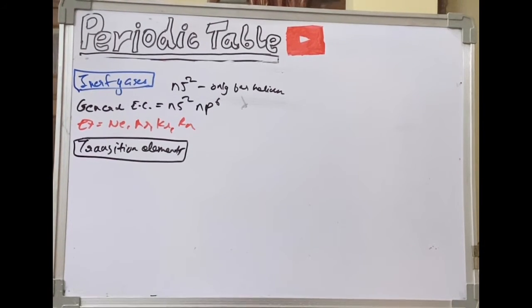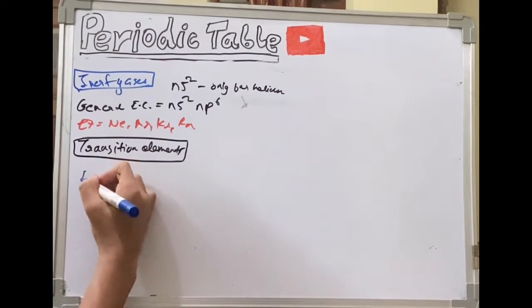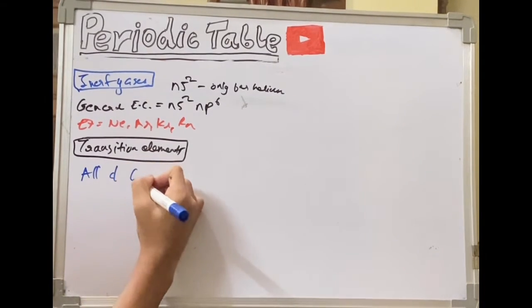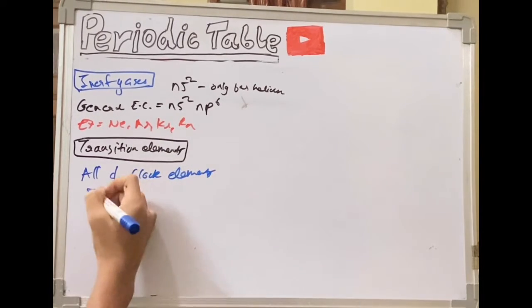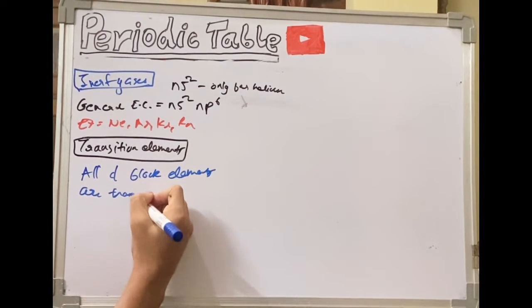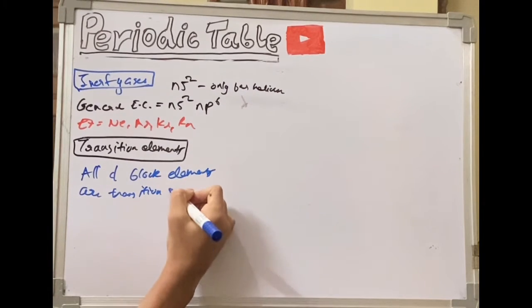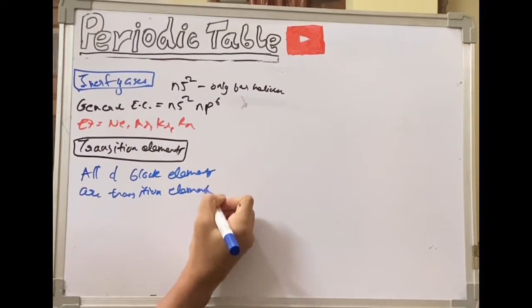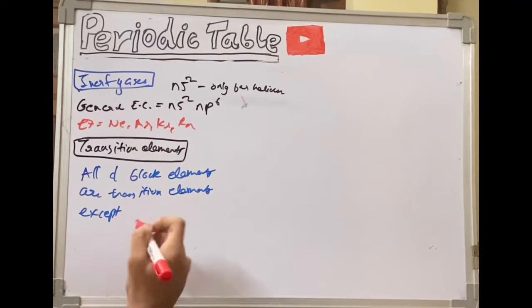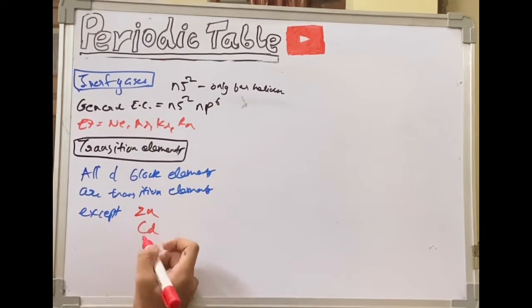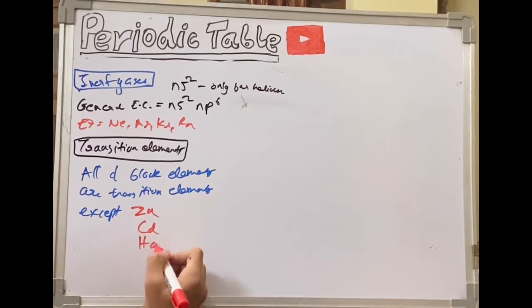That's why you can say all d block elements are transition elements except zinc, cadmium and mercury.